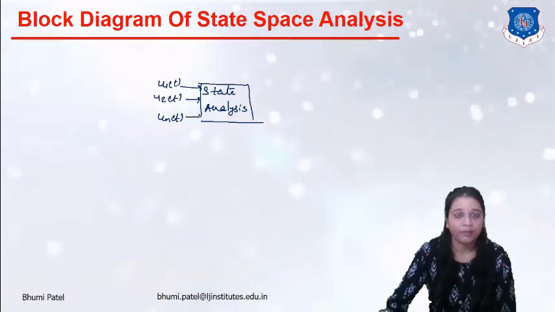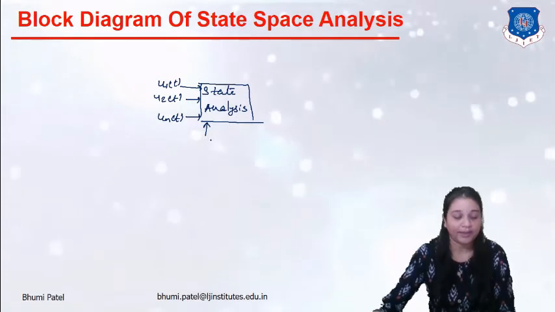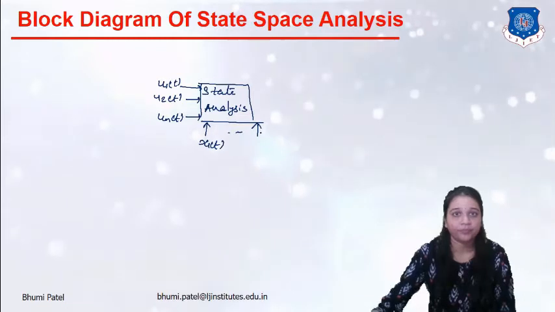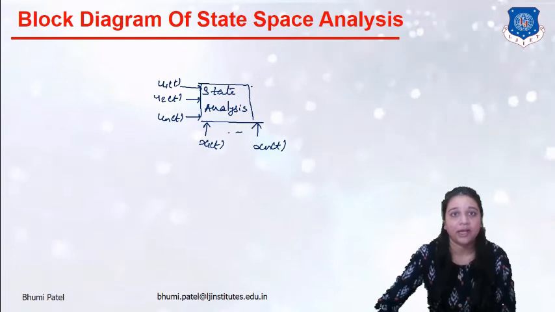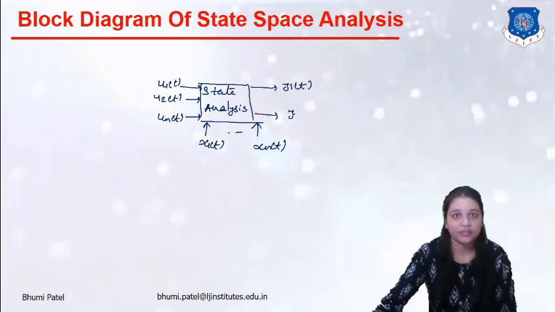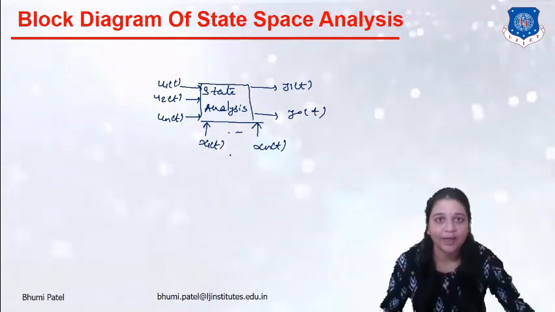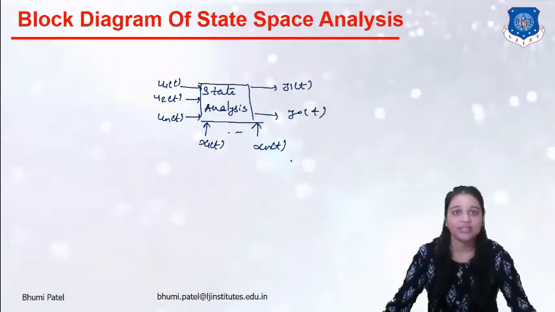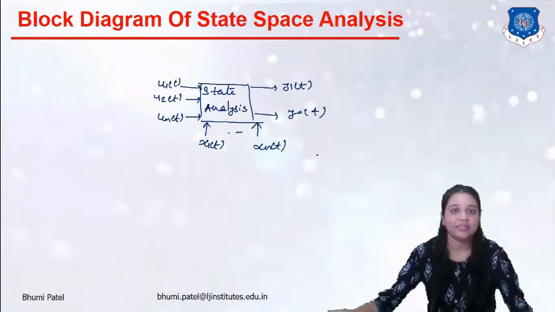This is my input variable, and for that we have the state variables x1(t), x2(t) up to xn(t), and we get the outputs y1(t), y2(t) up to yp(t). Using this state analysis, input variable and output variable, we have to find the transfer function of the system, and after that draw a block diagram of the state space analysis.